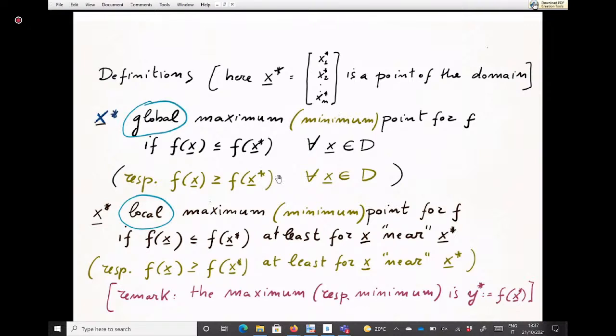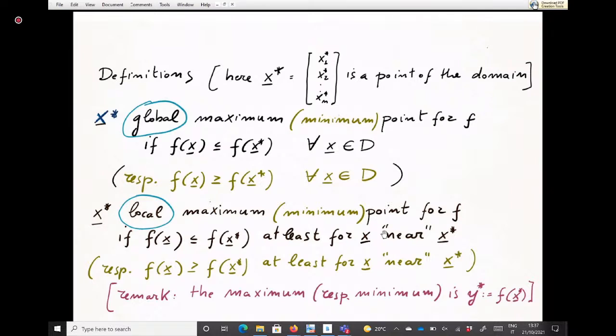Local is the same definition as above, but instead of saying that these properties hold for any point in the domain, we say that these properties hold at least for any value of the domain near our supposed point X star.